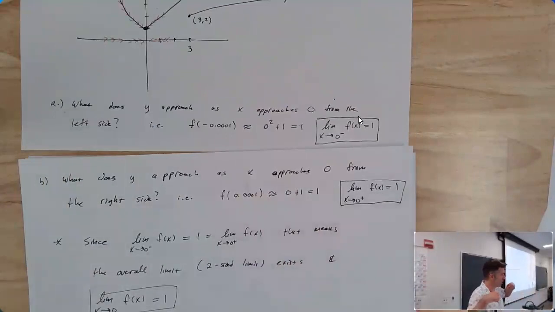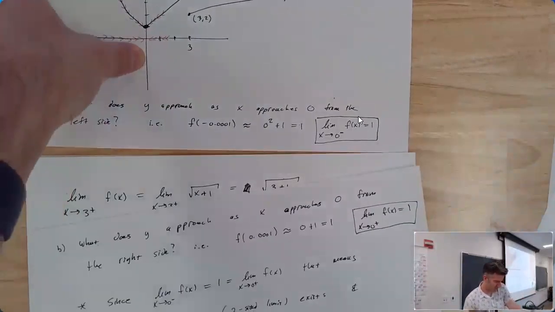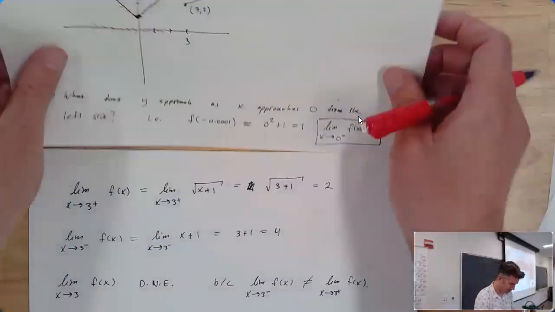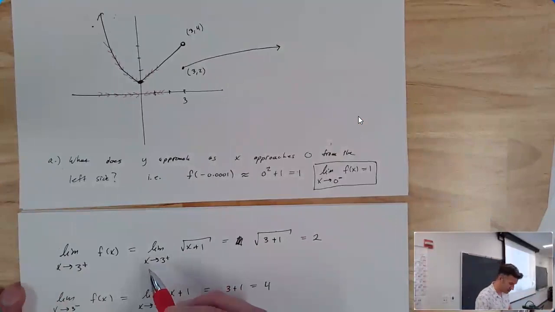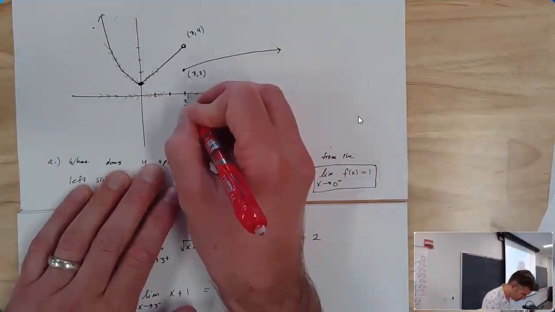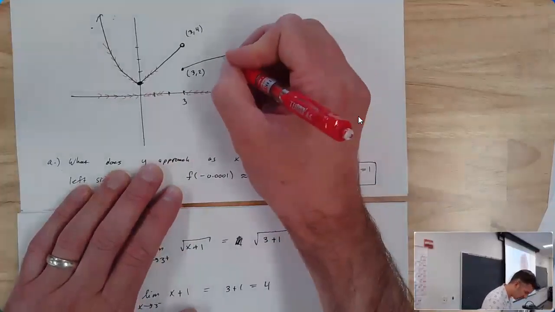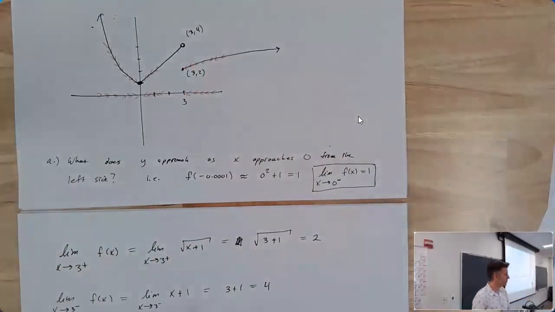And since those both matched up, we said that the overall limit was 1 because the left and right hand sides matched up. And then the second one we just talked about was as x approaches 3. When we do the limit as x approaches 3 from the right, x is getting closer and closer to 3 from the right-hand side, and the function values are getting closer and closer to a y value of positive 2.